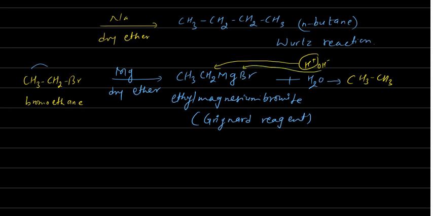Here Mg is positive and carbon is negative. So the product is CH3CH3, that is ethane, and Mg(OH)Br, magnesium hydroxide bromide. The names of the products are ethane and magnesium hydroxide bromide. Therefore, Grignard reagent is very sensitive to water.